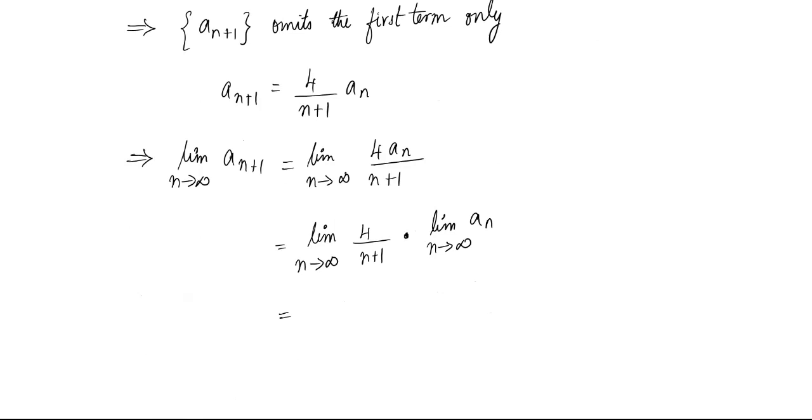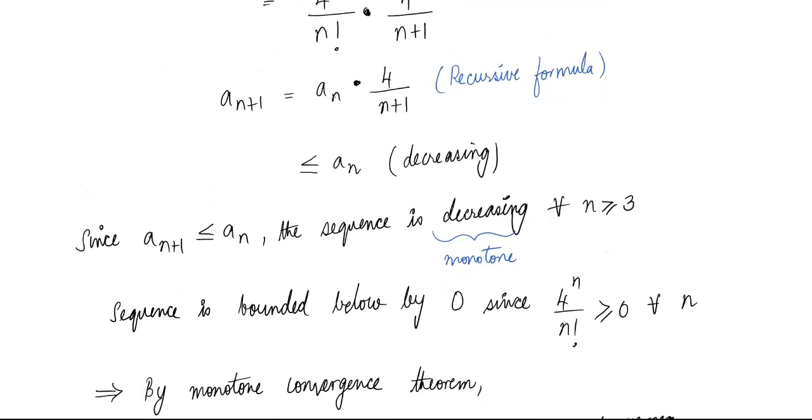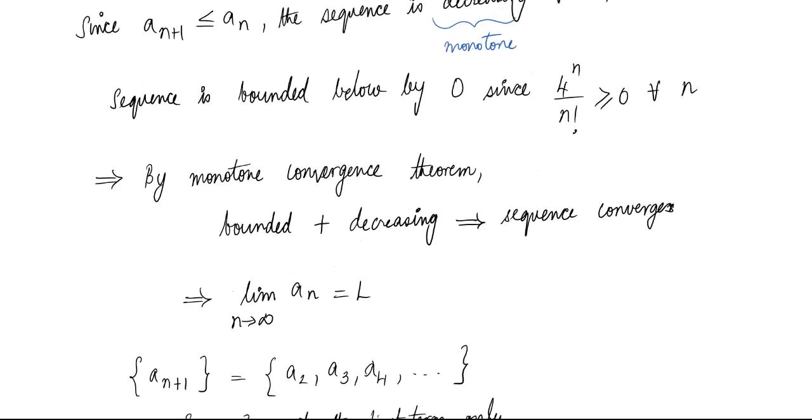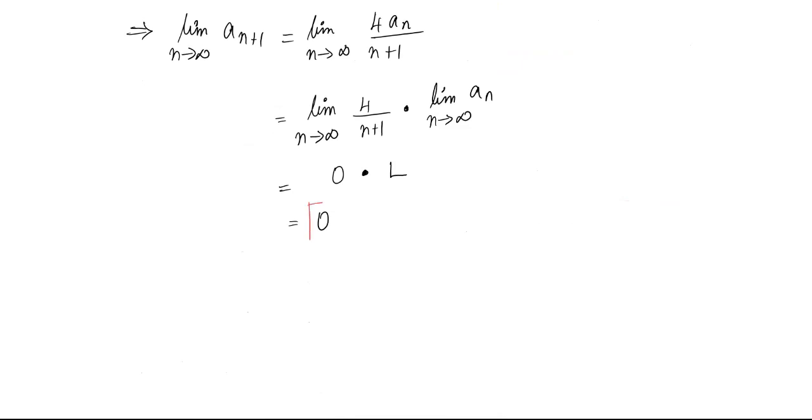When n approaches infinity, this becomes a 0. 0 times this, which becomes L, is 0. They wanted us to find the limit of a_(n+1), and so we got that. We were able to establish that the sequence converges using the monotone convergence theorem, and we were able to find the limit.